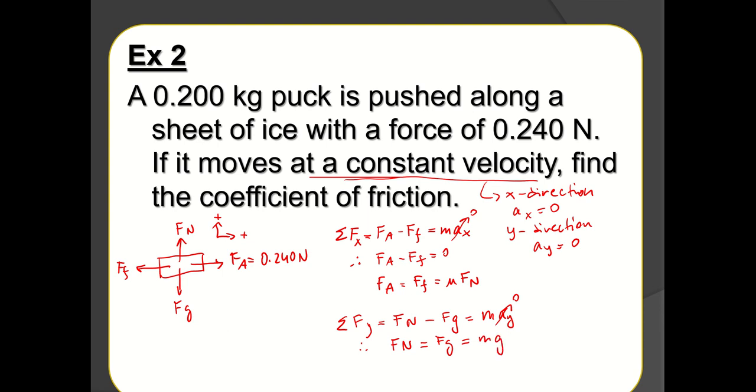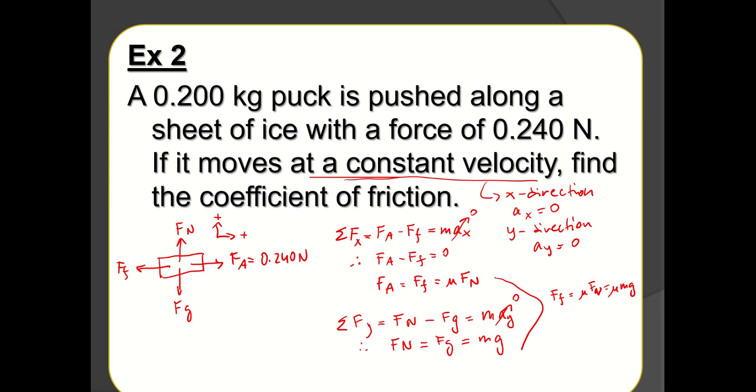All right, so now we have these two equations. And again, we're looking for Ff, right? If you take these two, we can say that Ff is equal to mu Fn, which is equal to mu times mg.